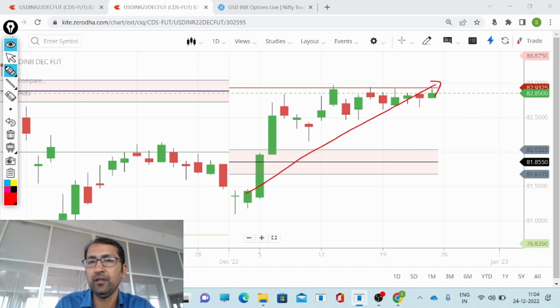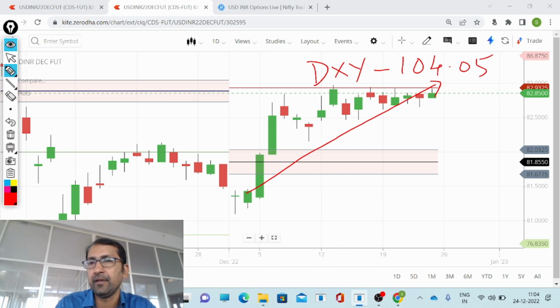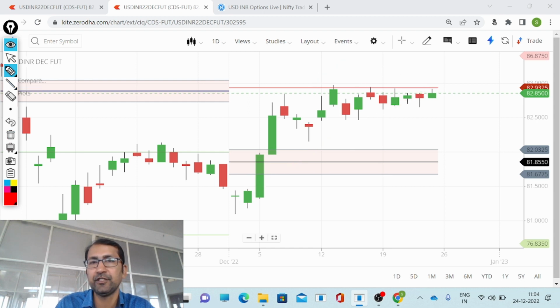Now the global, that is the dollar index DXY, the dollar index is at 104.05. So it is also important that if the dollar index rises, then the rupee also will start rising. Now here, let me come into the open interest analysis for the USD INR.